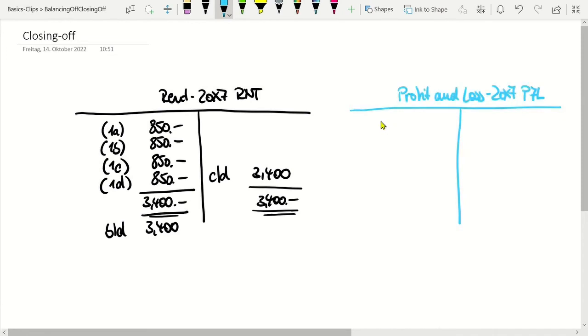In the profit and loss account, we make an entry for the rent to the extent of 3,400. We make a credit entry in the rent account with the reference profit and loss. This way we transferred the rent expenses to the profit and loss account.